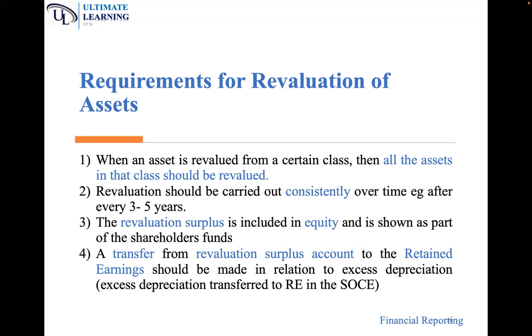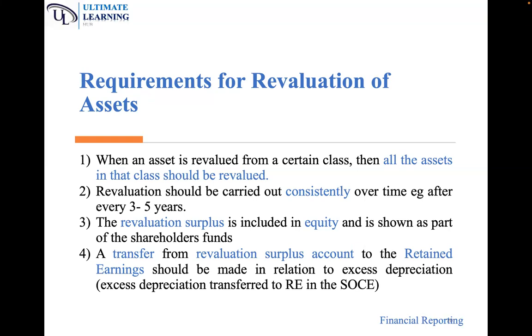The fourth point, a transfer from revaluation surplus account to retained earnings should be made in relation to excess depreciation. What do we mean by that? For example, if your revaluation surplus is 10,000 and the remaining useful life of the asset is 10 years, you take the revaluation surplus of 10,000 and divide by 10 years.